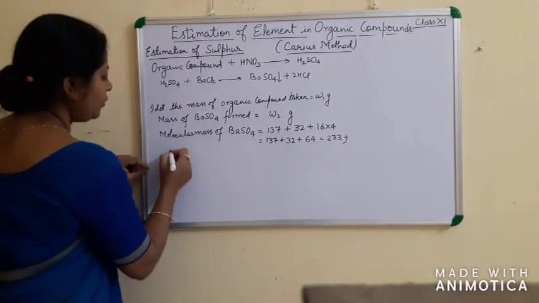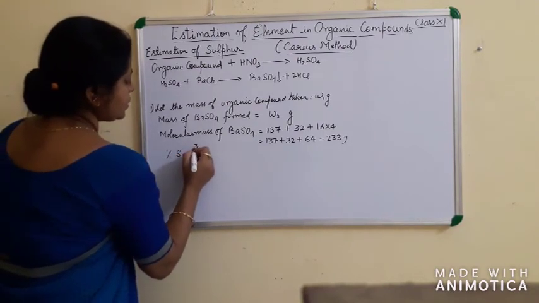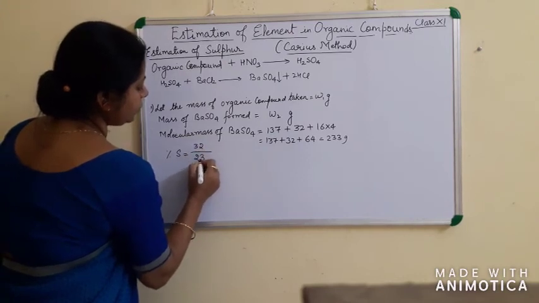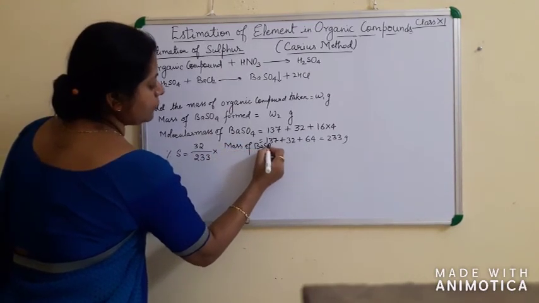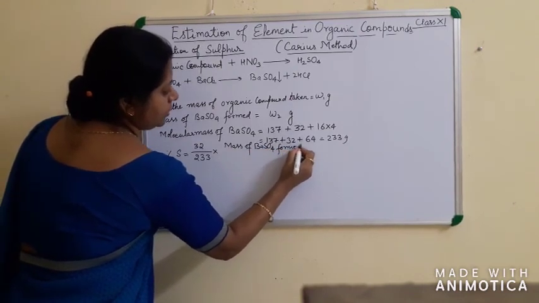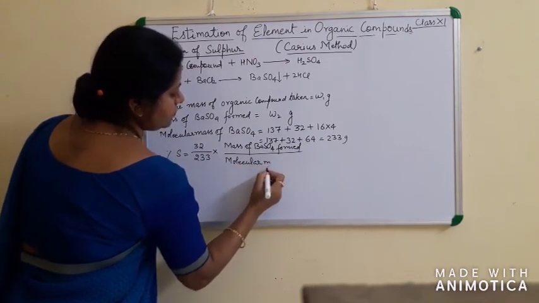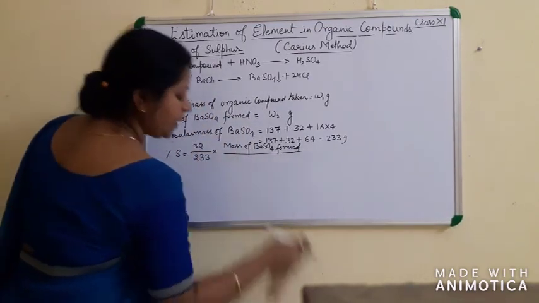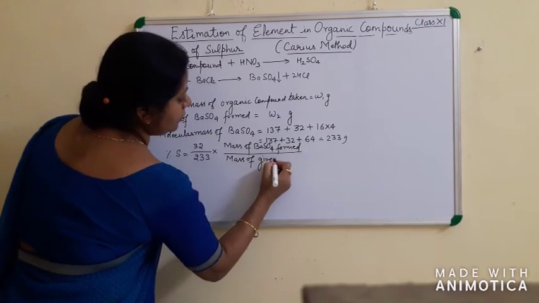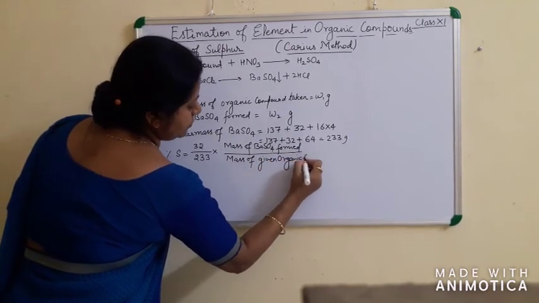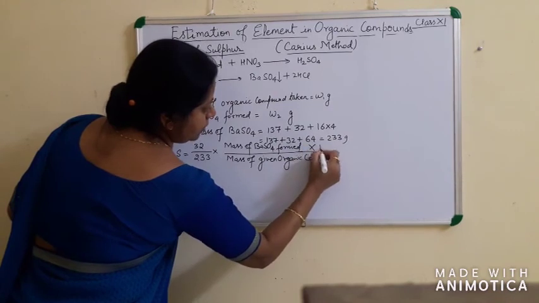Now, to estimate the sulfur, we use the formula: percentage of sulfur is equal to 32 divided by 233, the molecular mass of barium sulfate, into mass of barium sulfate formed, divided by mass of given organic compound, into 100.